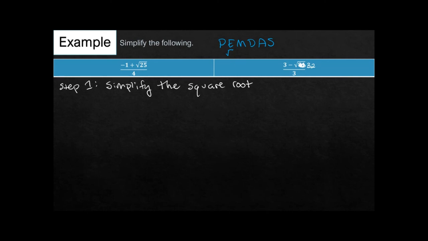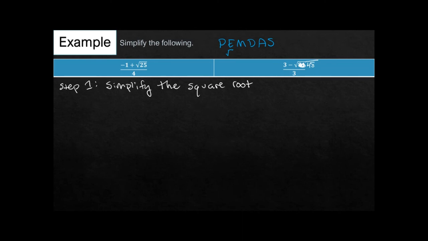Actually, let's not do 32, let's do 48. So pretend it's a 48 inside that square root instead of an 81 for that one on the right. But let's do the one on the left first.